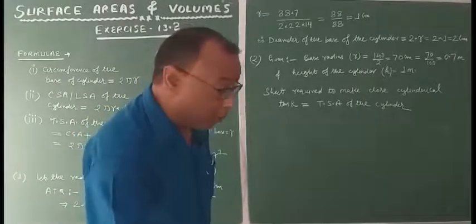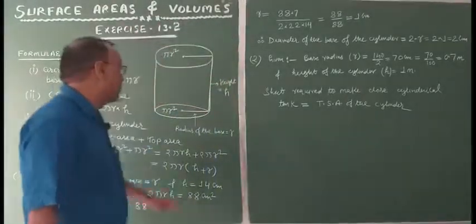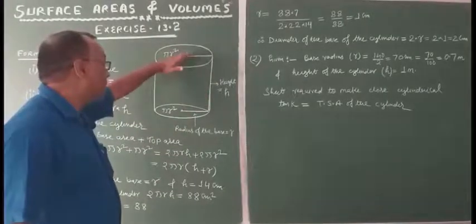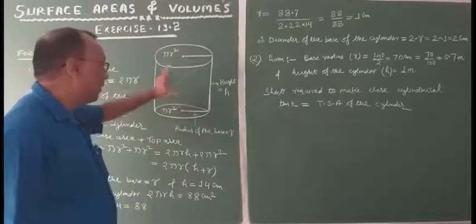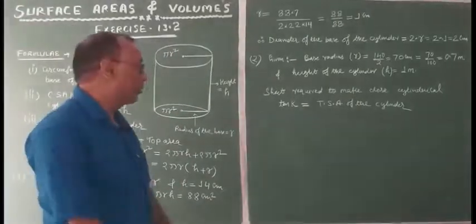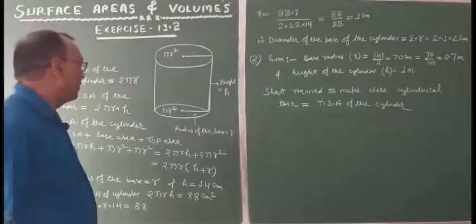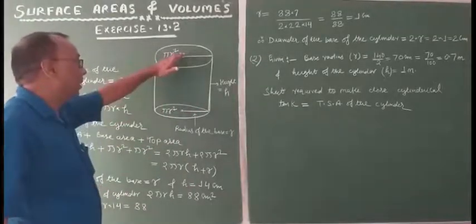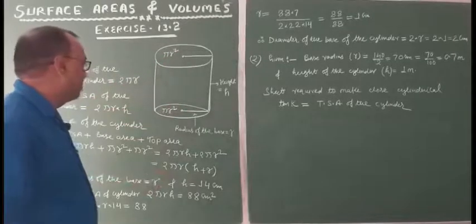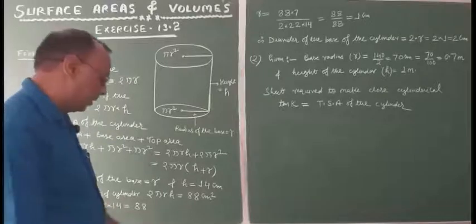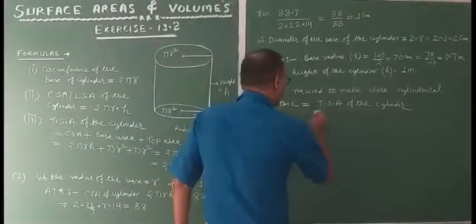आपको जो है क्लोज सिलेंड्रिकल टैंक बनाना है, तो this portion will be closed and this upper portion and the lower portion will be closed. So how much metal sheet will be required to make that closed cylindrical tank? That will be this CSA plus area of the top and area of the bottom. So when we add them, we get total surface area of the cylinder.